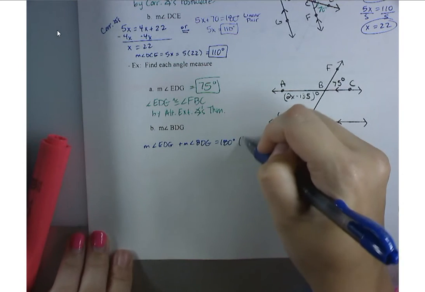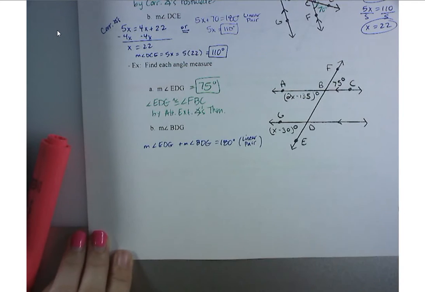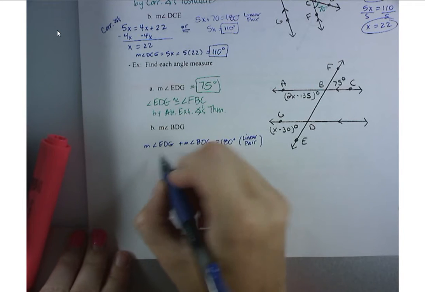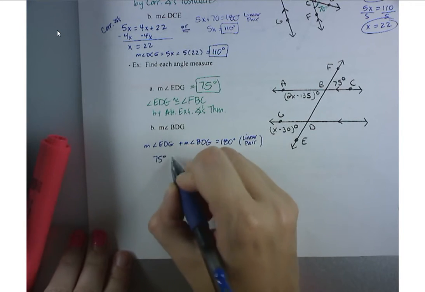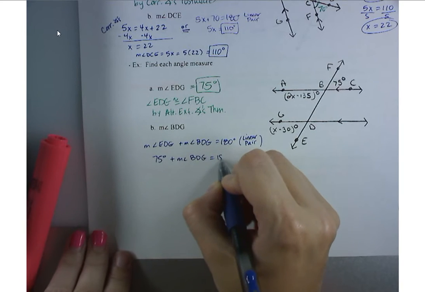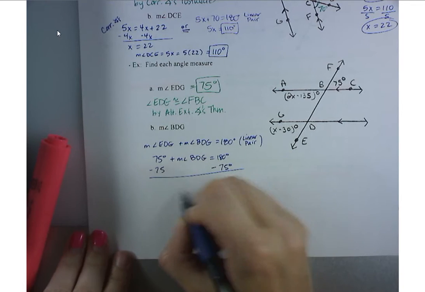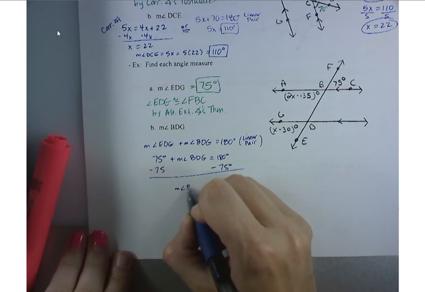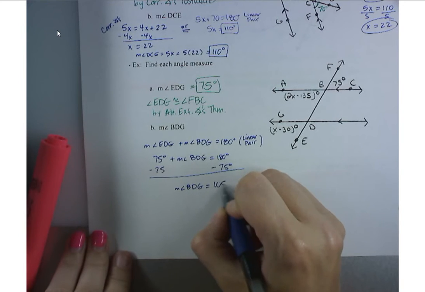Well, yeah, but why are they supplementary? They form a linear pair, right? Okay, so you said you already knew this was 75. So if you substituted 75 in, then you could just go ahead and solve, which you would just subtract 75 from both sides. And the measure of BDG would be 105.